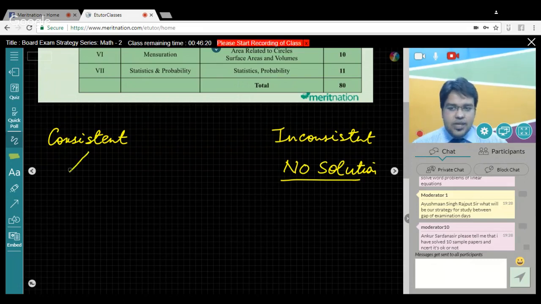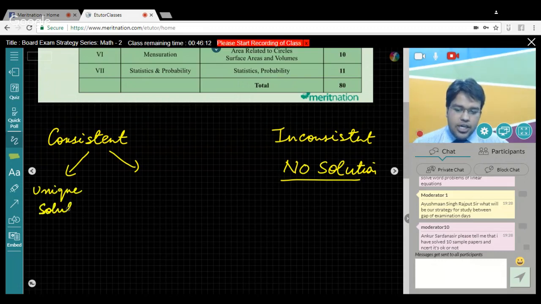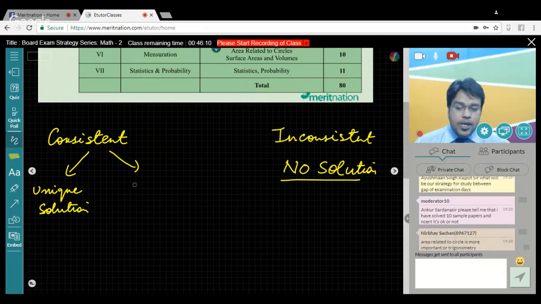And in consistent, we have 2 categories. It could be that we have a unique solution, just one solution possible for the pair of linear equations, or it could be that we have infinitely many solutions.